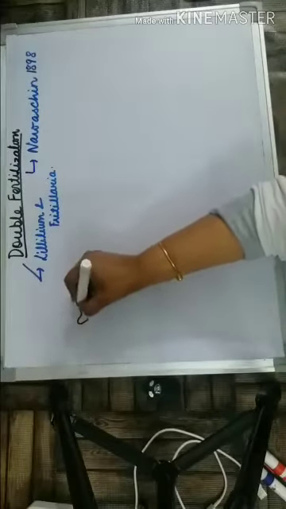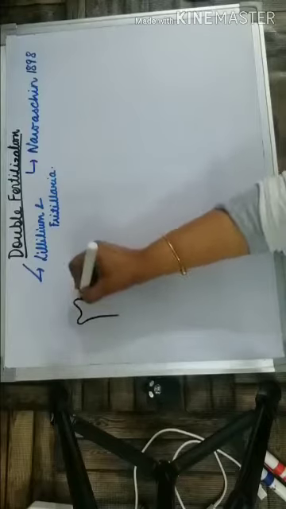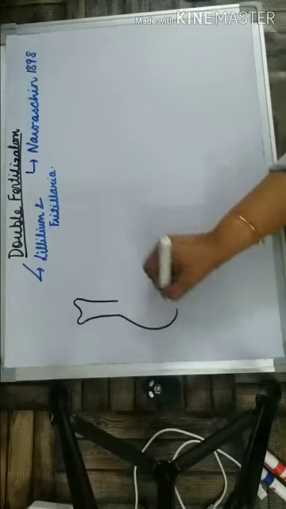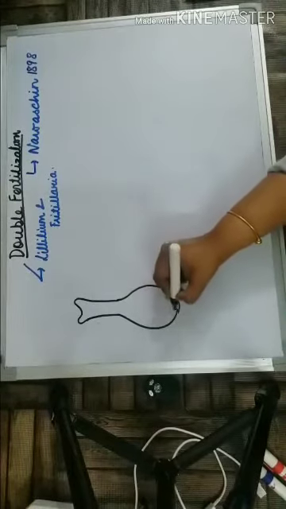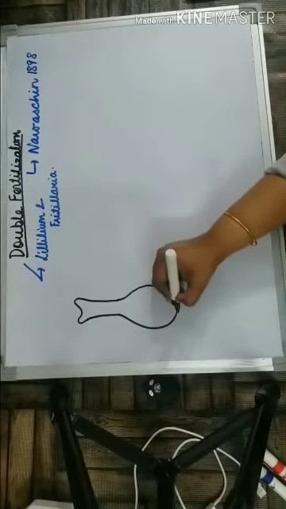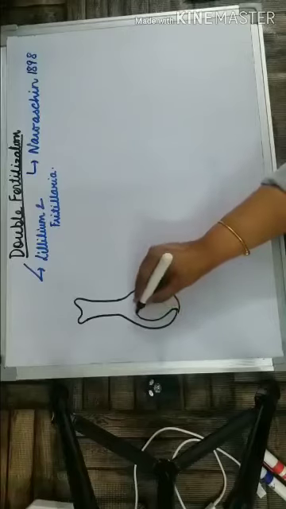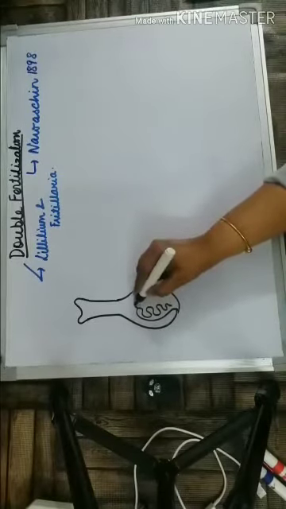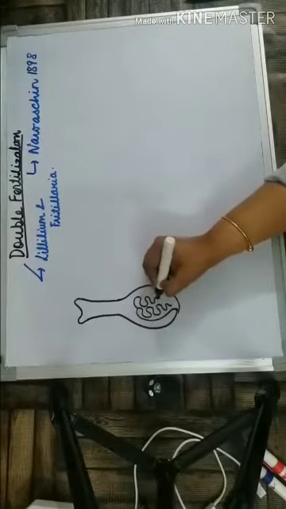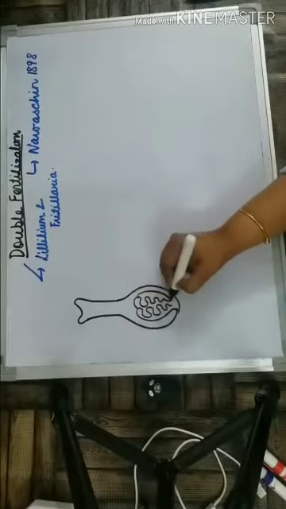Now this is the stigma and this is the ovary, and inside we have the ovules. These are the ovules present here. Ovary and the ovules are there.